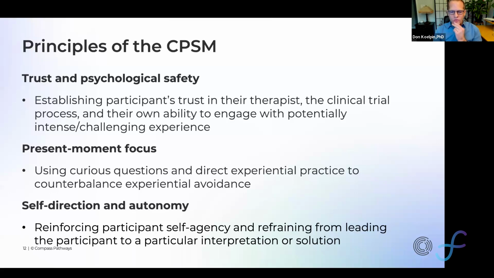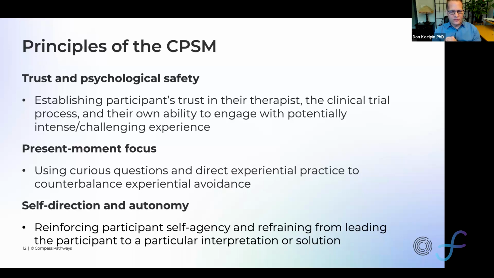And then also through direct experiential practice. So providing an opportunity, if it's a fit for the participant, to practice breathing, to practice some really basic mindfulness techniques to keep them grounded and anchored through intense experiences that may arise during the administration.